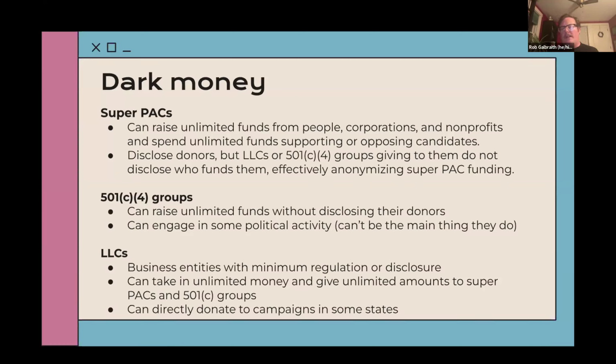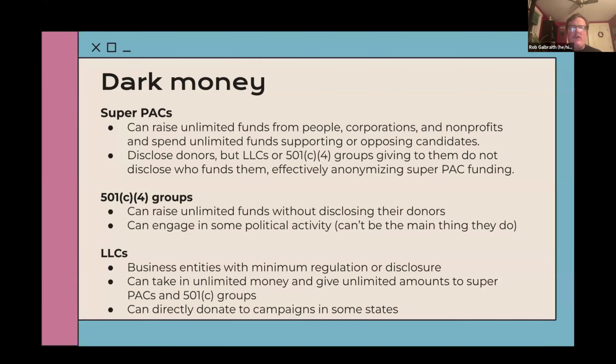For example, you've got a super PAC spending $25 million, and you try to look up who the donors are, and there's maybe one donation for $25 million from an LLC or a 501c4 group that does not have to disclose its donors. There's no real actionable information about them. It's basically mystery money.